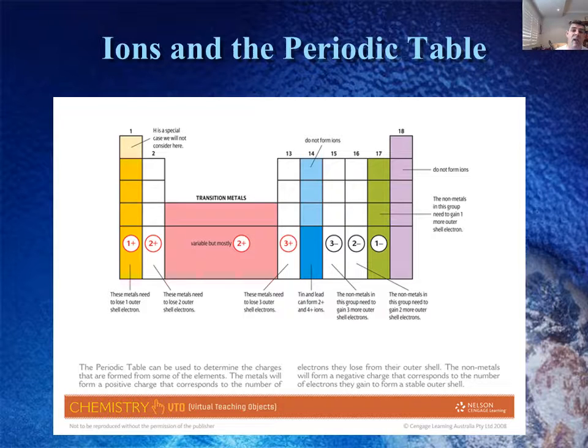You can identify where each of these ions are in the periodic table, and I've already told you before that you are going to get a periodic table for each of your key assessment tasks, including any of your major exams. So this is going to be a critical tool, and the more things you can do with it or identify with it, the easier it's going to be for you.